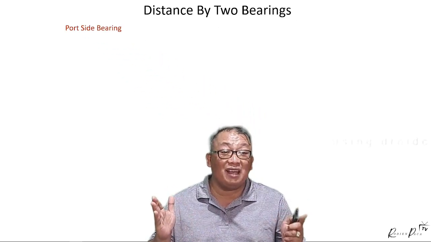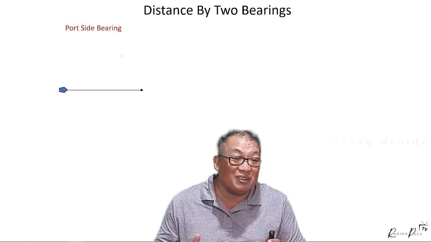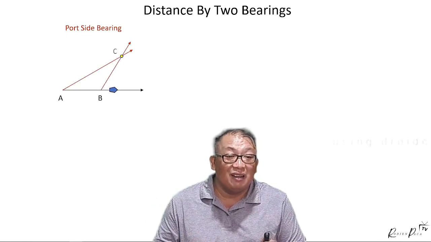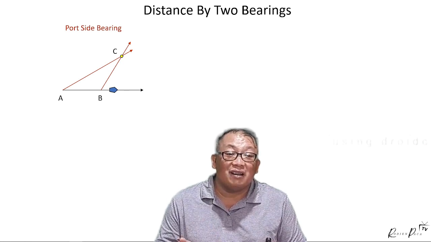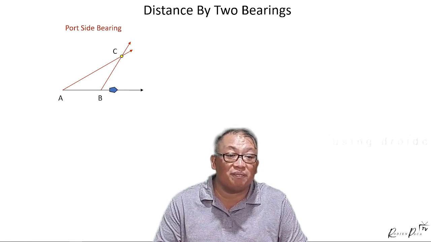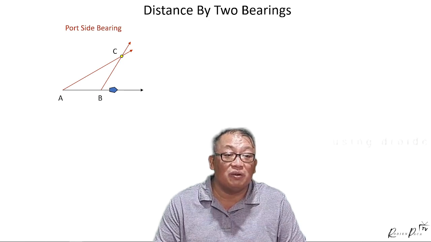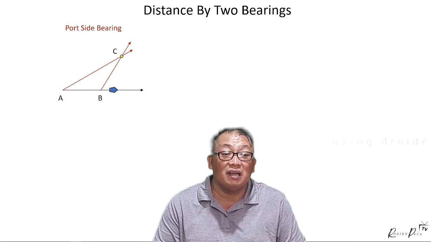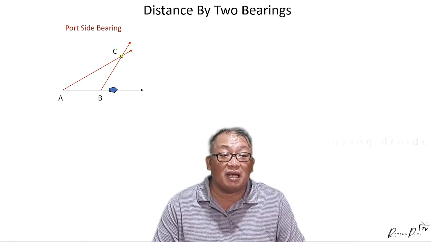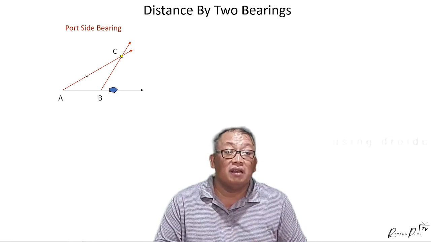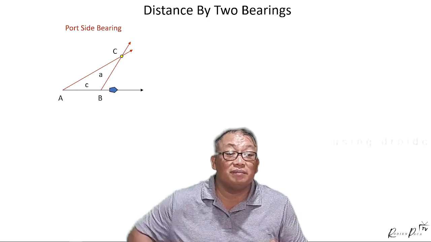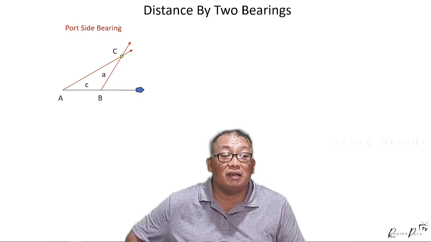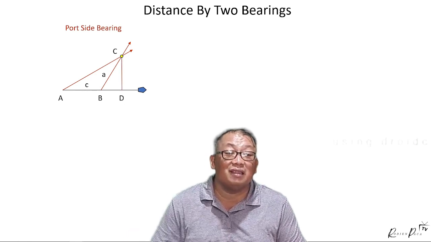This is what they are teaching in the school. Port side bearing, can you remember? So I show you. First bearing: if this is the ship running from A, the first bearing is A going to C. C is the lighthouse, and the second bearing is B. Then the ship runs here and they will indicate the distance abeam.